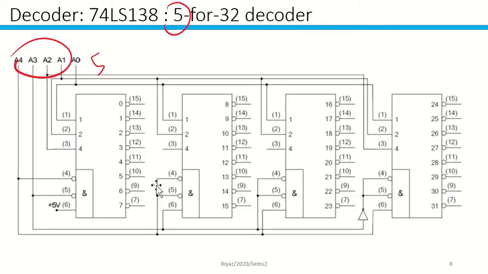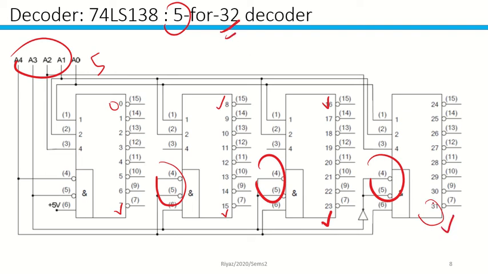You activate it using this particular situation, and the output will be from here, starting from 0, which is your first decoder output, then continuing 8 to 15, 16 to 23, and last but not least the 31st, which is your 32nd result.